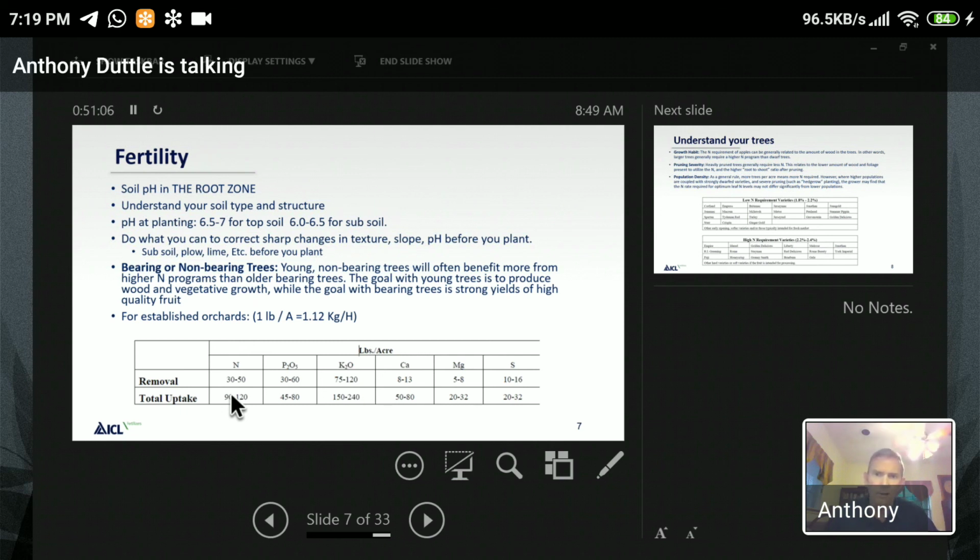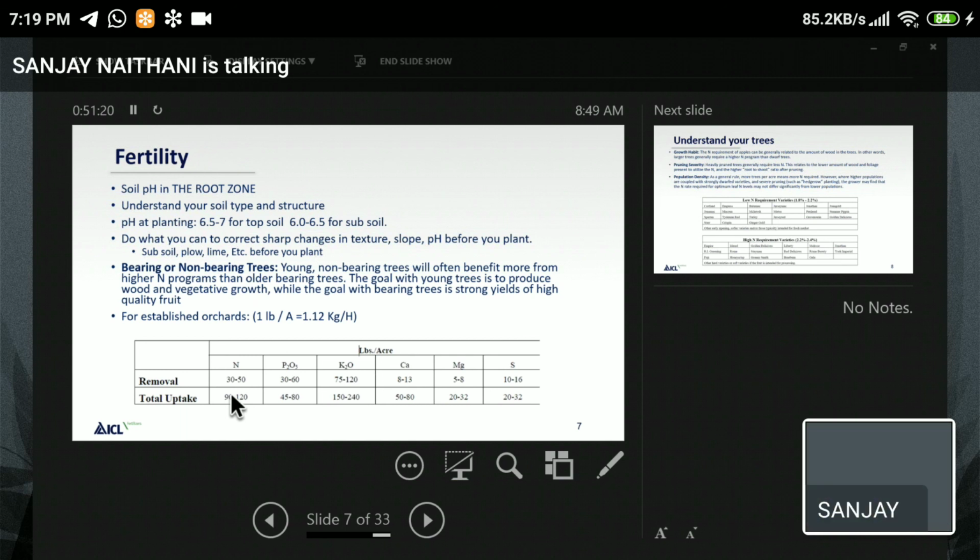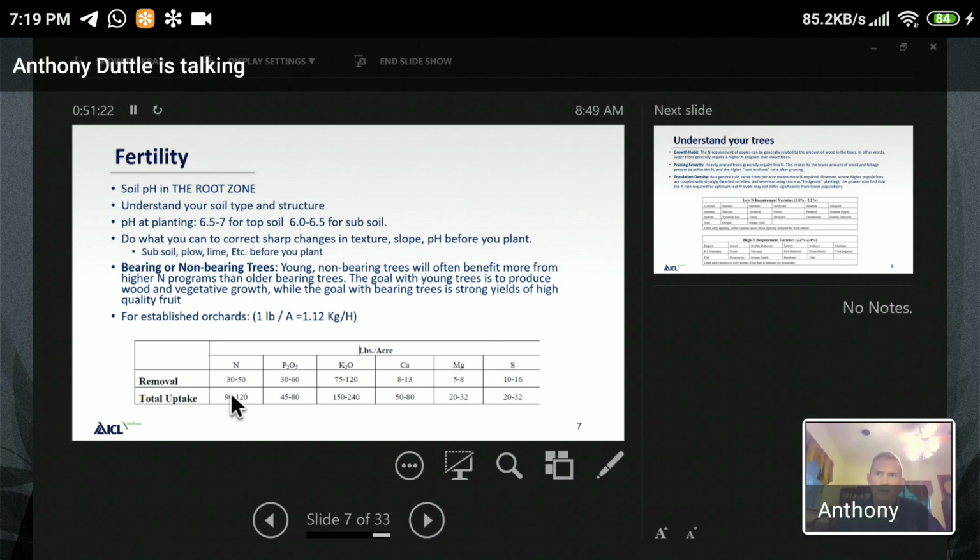So be very careful, be aware of what your irrigation and wetting patterns are, and how that fertilizer is going to be distributed. But you want more nitrogen early in smaller trees that are 1 to 5 years old. You want a higher nitrogen input on those trees than you would on a mature tree.